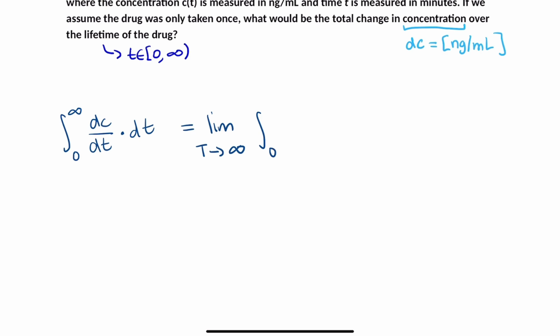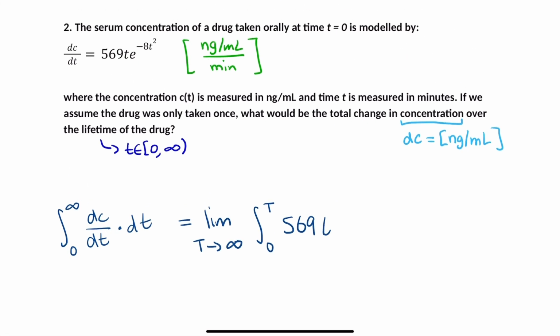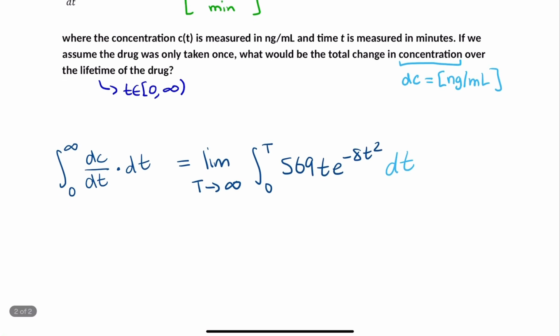multiplied by the definite integral from 0 to t of 569 t e to the negative 8t squared. And don't forget your dt at the end. I now notice that there is a constant inside of my integral, and I can simply take this constant and pull it in front of the integral sign.